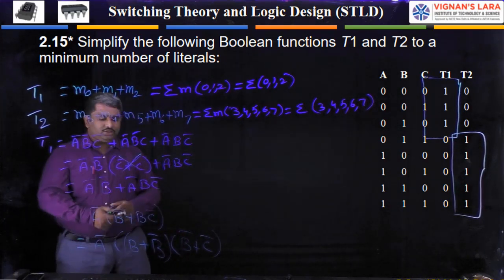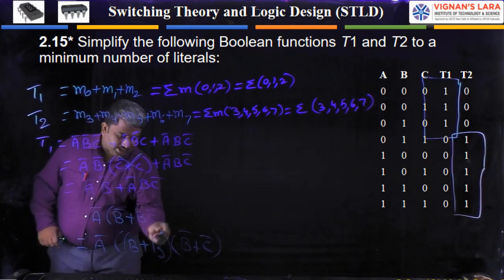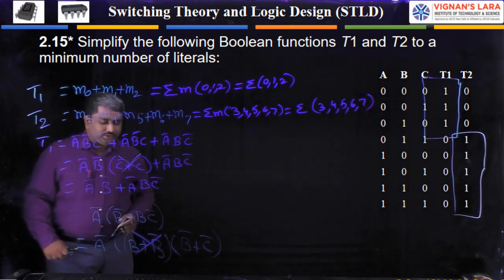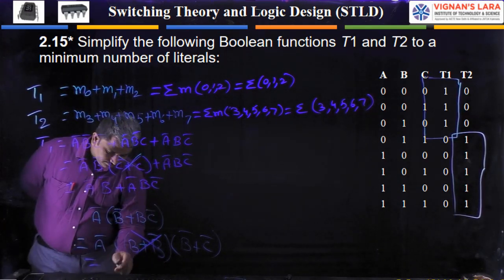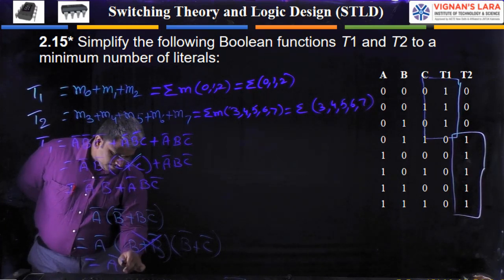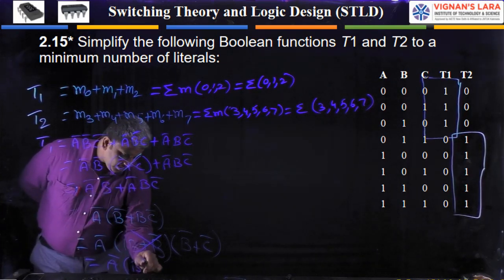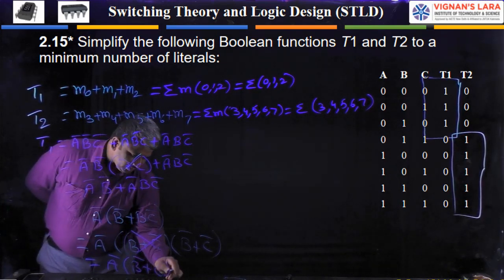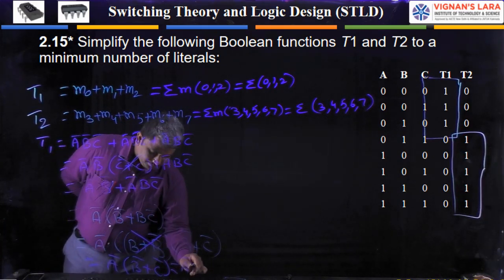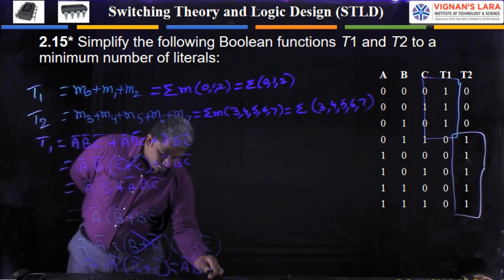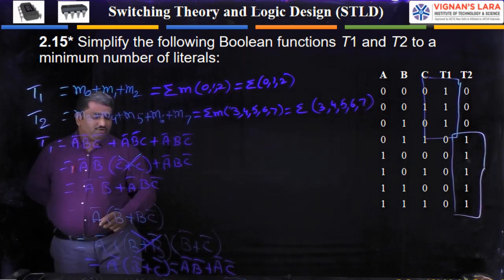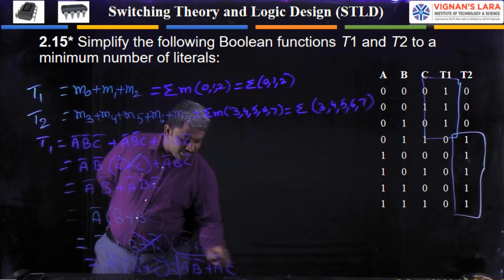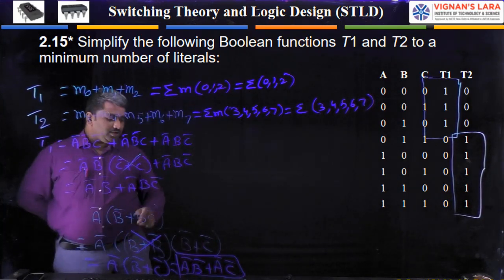From this you can cancel B plus B bar, and the final value is A bar of B bar plus C bar, that is equal to A bar B bar plus A bar C bar. So this is the finalized function for T1, right?